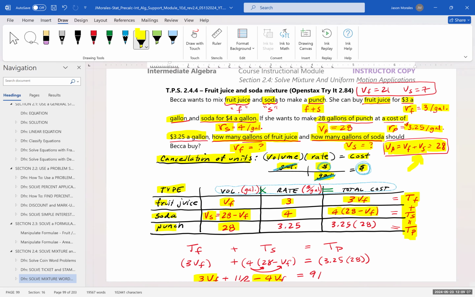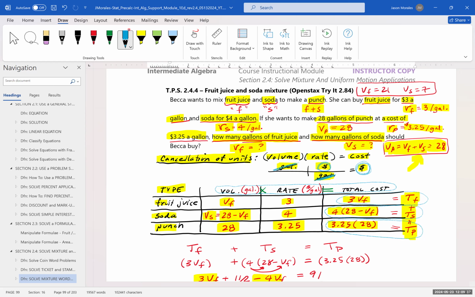And so the total cost for soda is going to be 4 times 28 minus the volume of fruit juice. And for punch, we know we want to make 28 gallons of it, and we want it to be $3.25 a gallon. So the total cost for the punch is going to be $3.25 times 28. And so what we've got on total cost is the total cost of the fruit juice, the total cost of the soda, and here the total cost of the punch.